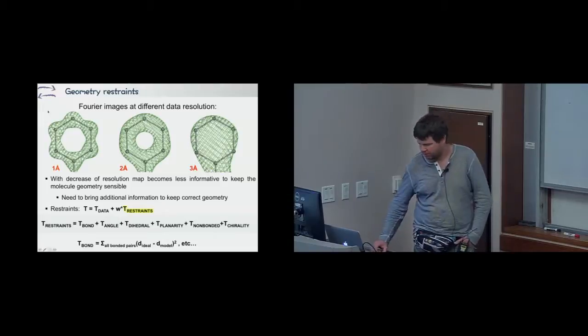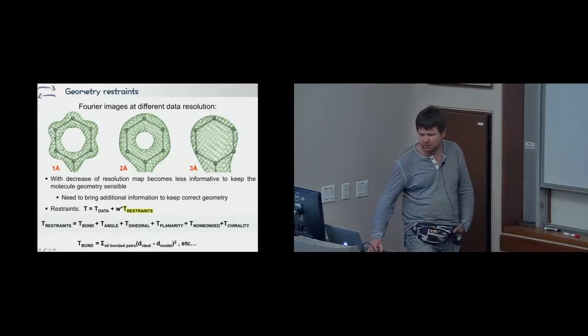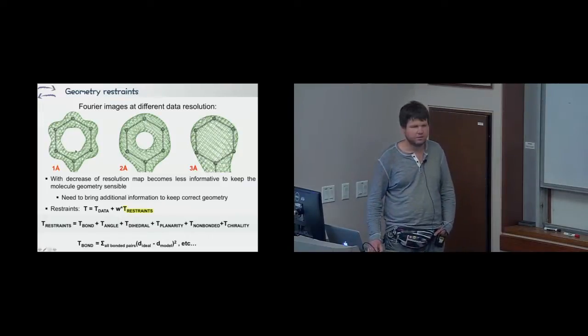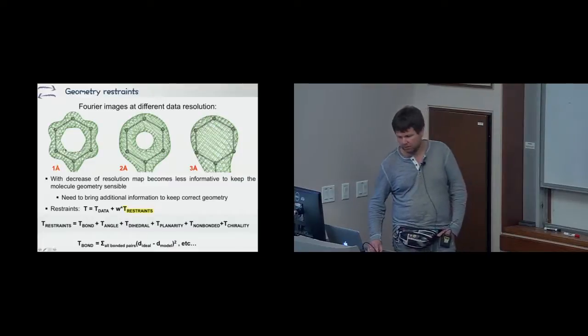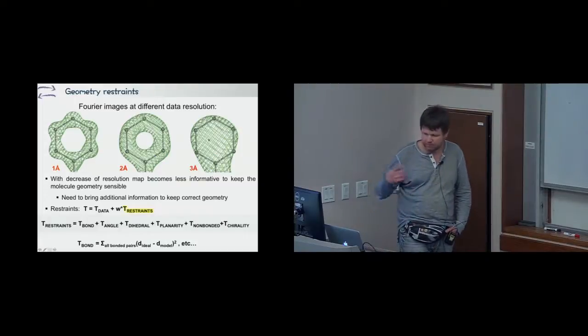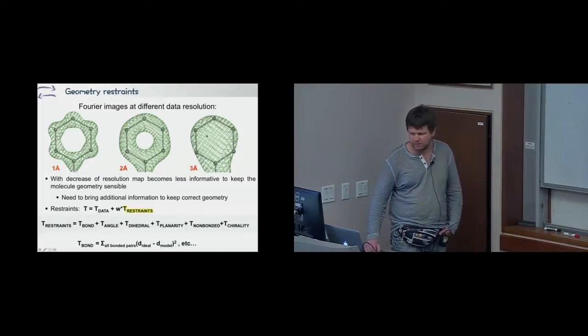At high resolution, we see atoms. So probably in a case like this, you don't really need restraints, or don't need some of the restraints, because atoms are well resolved. But as we go to low resolution, like here, or 3 angstrom resolution, we kind of see the side chain shape, but we don't see individual atoms.